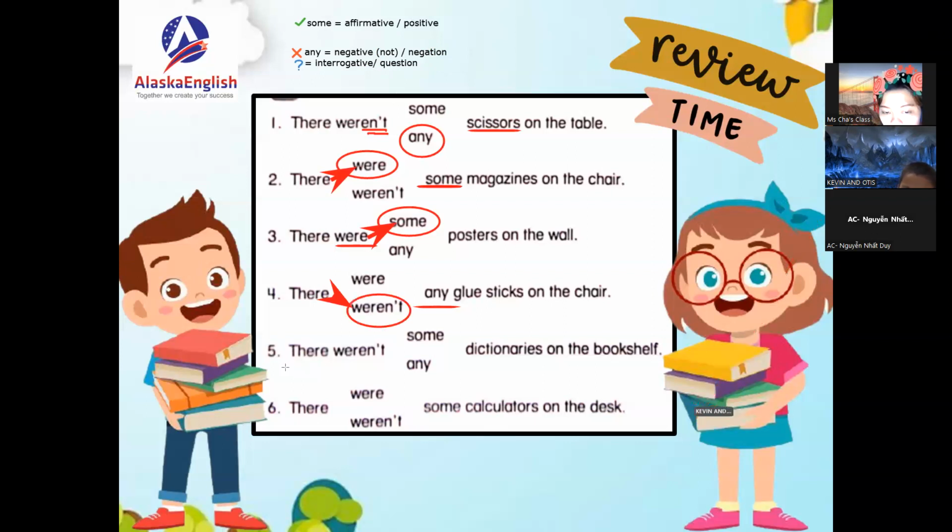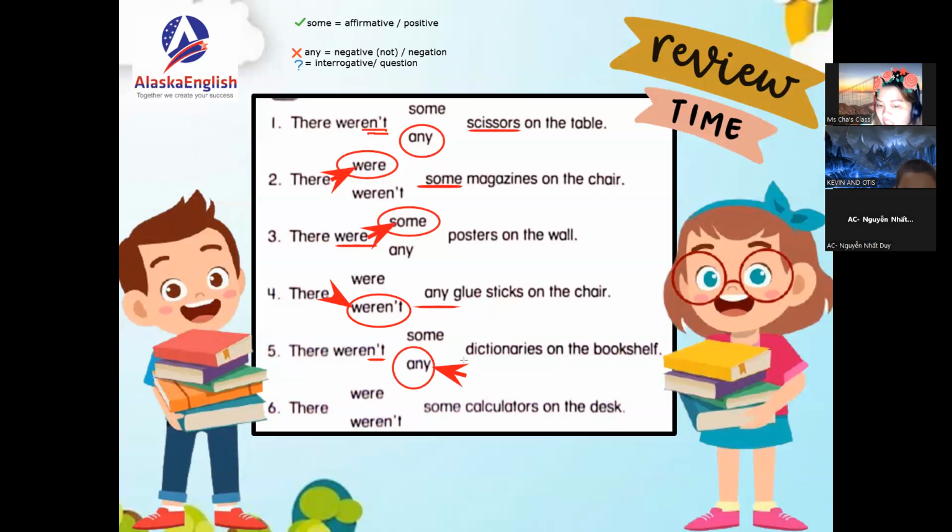Okay, how about number 5? We have there weren't. What is going to be the answer? Some or any? Weren't any.